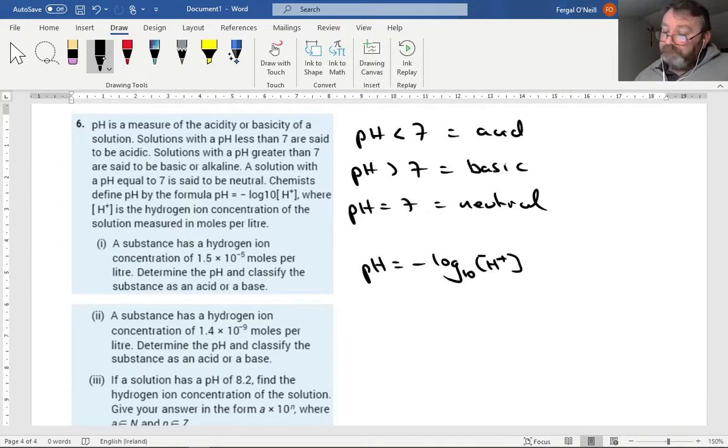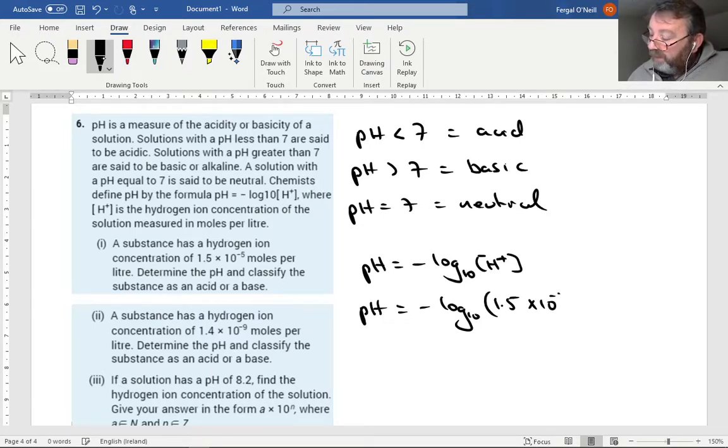Part 1. A substance has a hydrogen ion concentration of that. Determine the pH. pH equals minus log to the base 10 of the hydrogen ion concentration, 1.5 by 10 to the minus 5. Well, guess who can handle that? Your calculator. Now you're using just the log button, log, not ln, which is beside the ln.